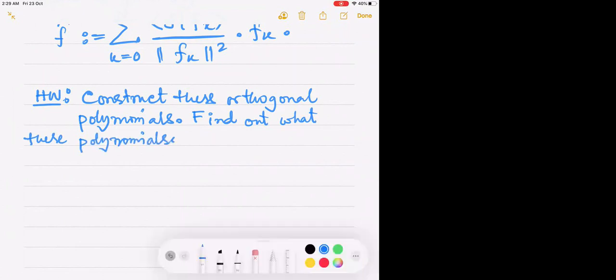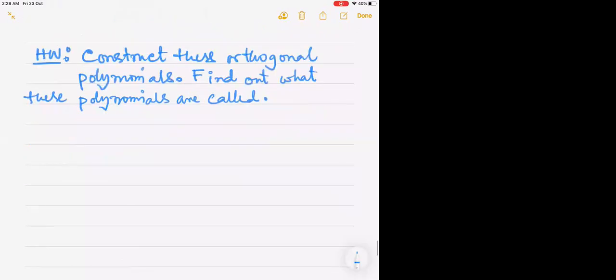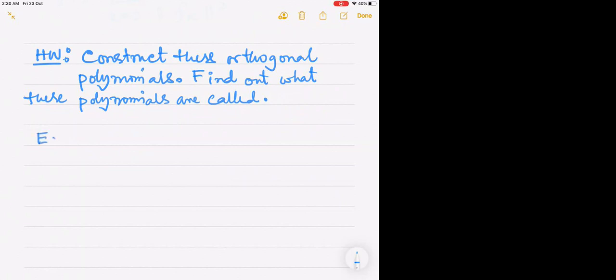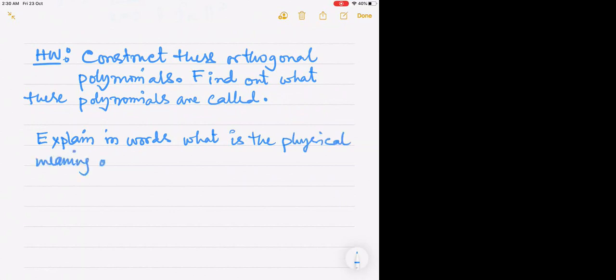They have a very nice name. And then the second part of the homework, you will have to explain in words what is the physical meaning of the best approximation in this case. Is it all right?